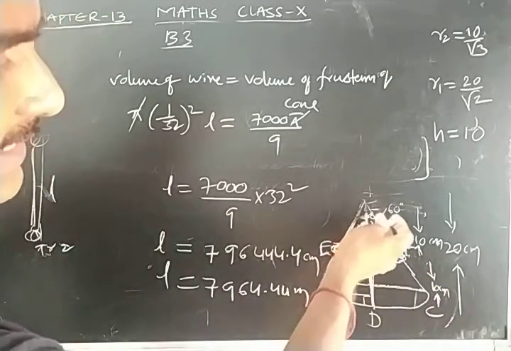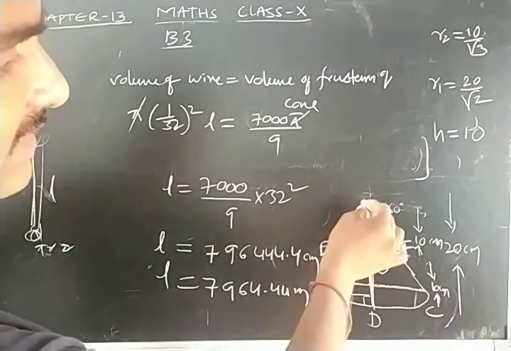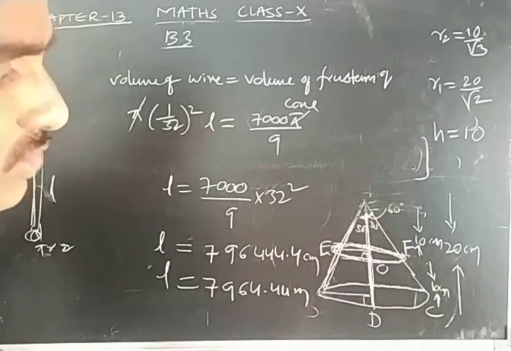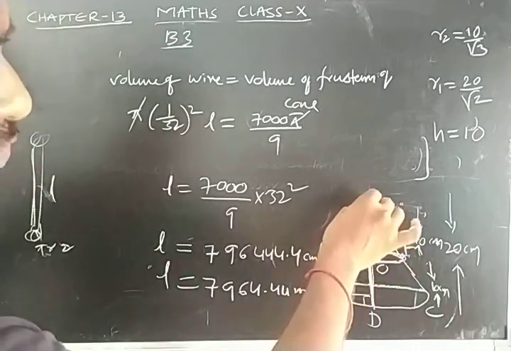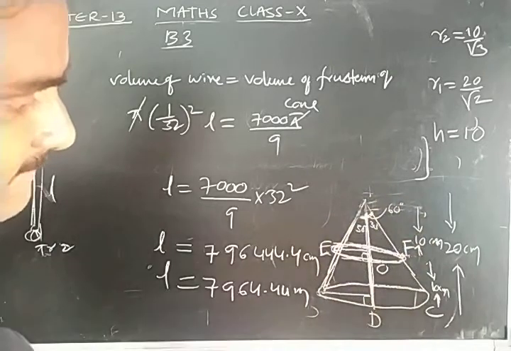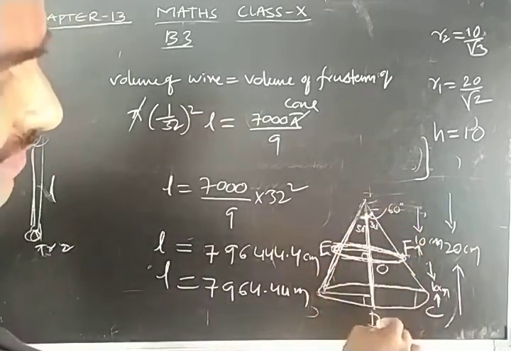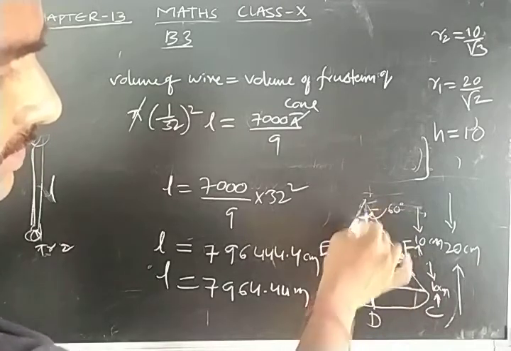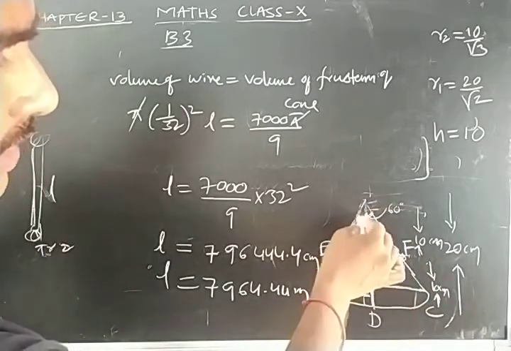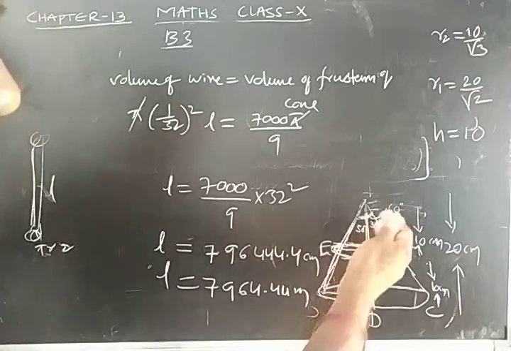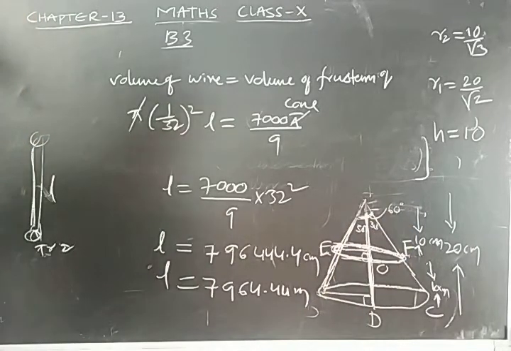Vertical angle is given. Vertical angle is the angle at the vertex of the cone. If you draw the height of the cone through the vertex, that will be the axis of the cone. The angle between slant height and height of the cone will always be 30 degrees, since it bisects the vertical angle.